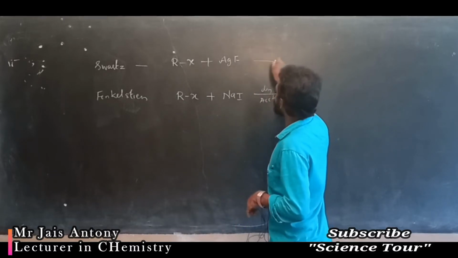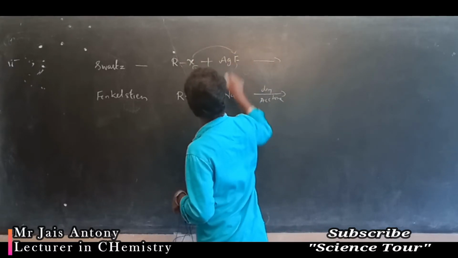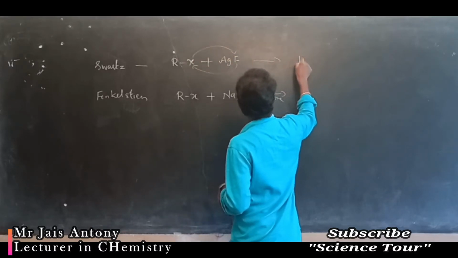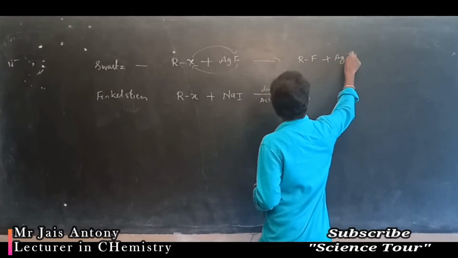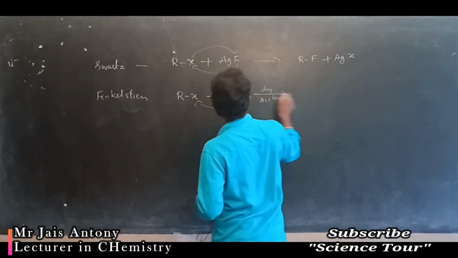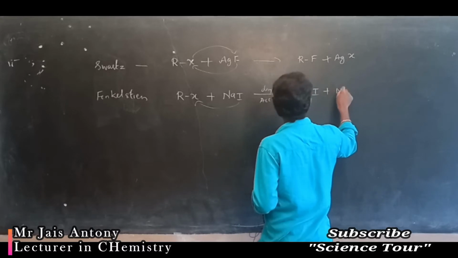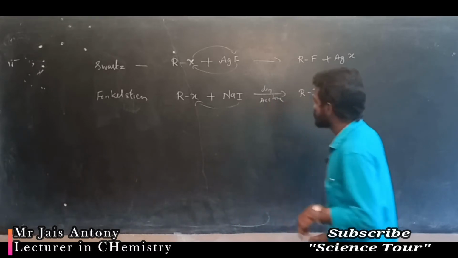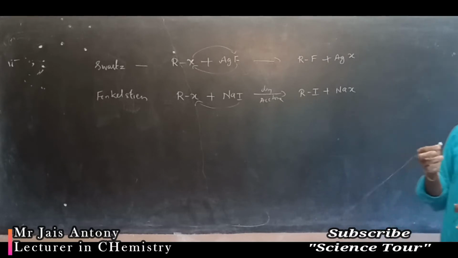Here you get the product after exchange. Understood? You get R-F and Ag-X. Here you get R-I plus Na-X. Remaining everything is the same. This is the Swarts and Wilkinson reaction.